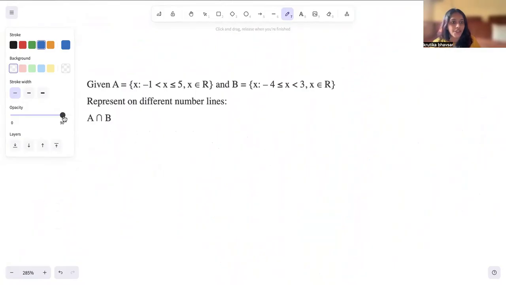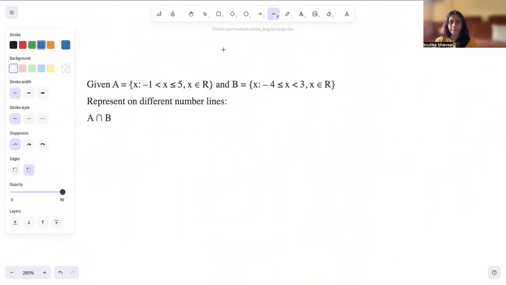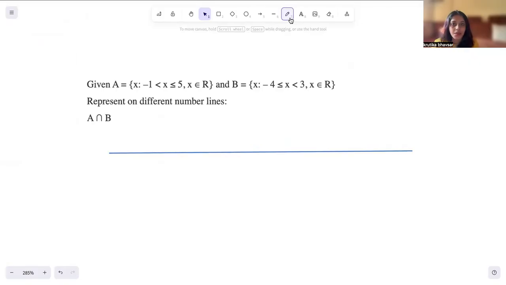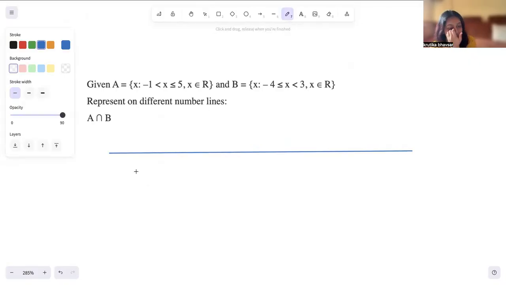Okay, what is this question? Let's see that A and B, you have two sets, and we have to represent on different number lines A intersection B. Okay, let's represent A intersection B. Let us quickly see the limits.